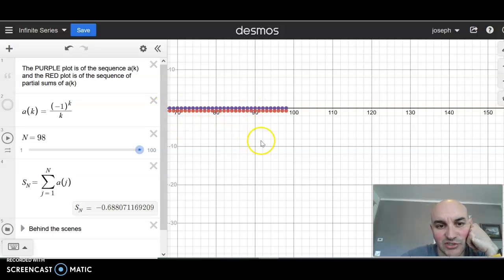We could decide how large we wanted epsilon to be, and then determine precisely whether that was true. I'm using a similar type of thinking here: if the red starts to flatten out, then that should be a good indicator that the sums converge. And in fact, it does, to this negative 69 hundredths and some change. I don't know exactly what that is, maybe a common fraction I'm just not familiar with.